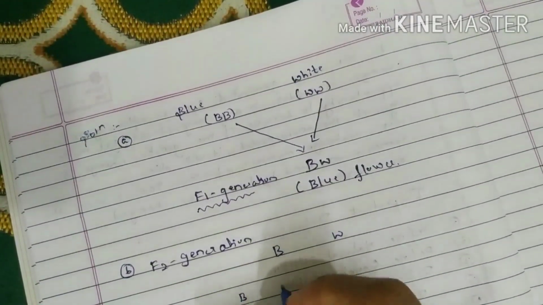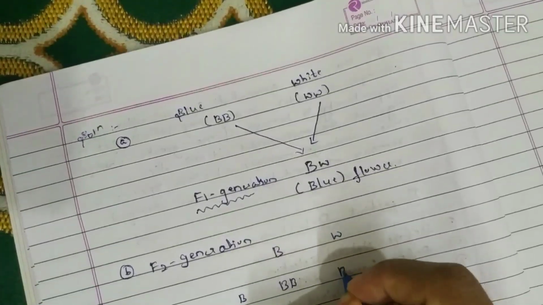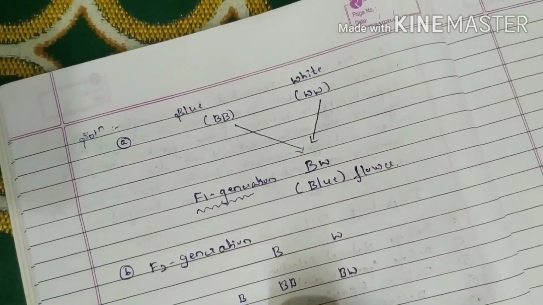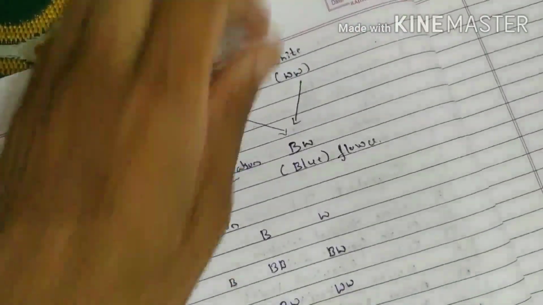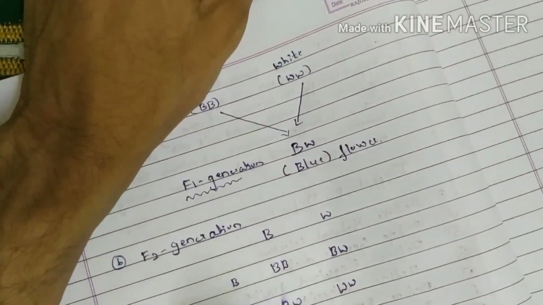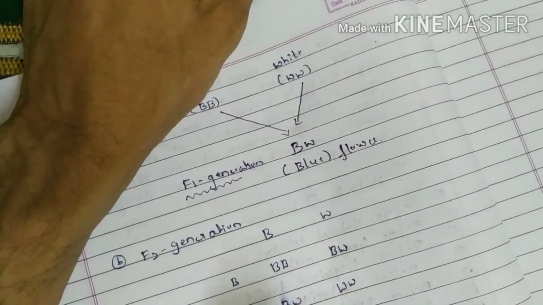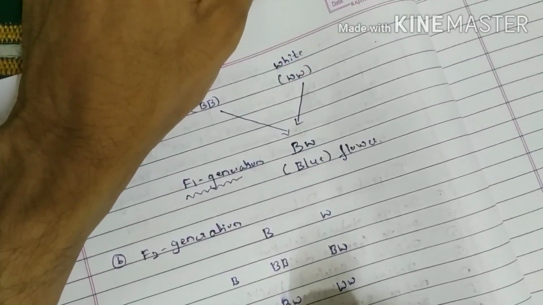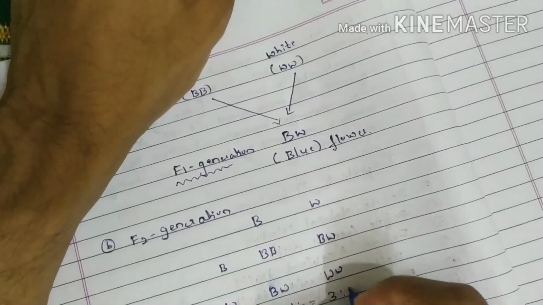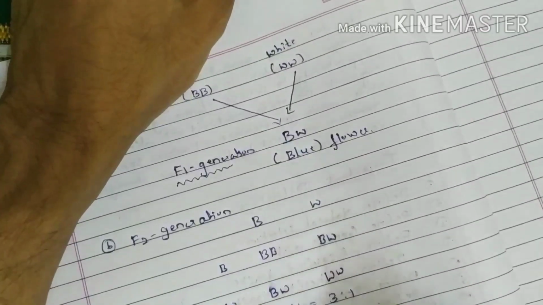So what has happened? BB here, Bw here, Bw here, ww. So there are 4 types. Therefore we get the phenotypic ratio, which is 3:1. 3 blue, 1 white, 3:1.